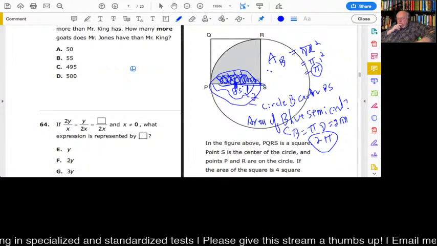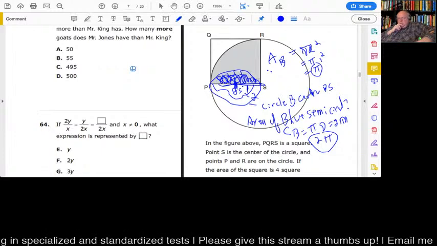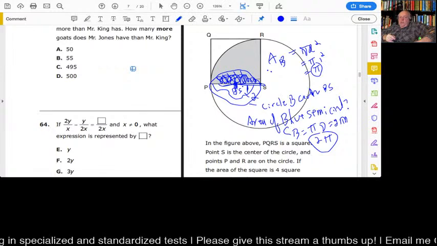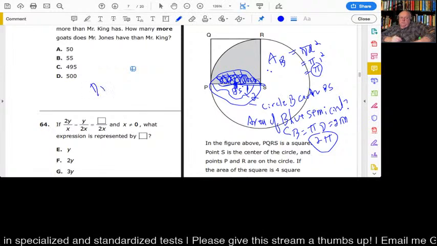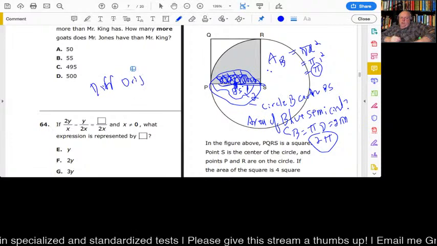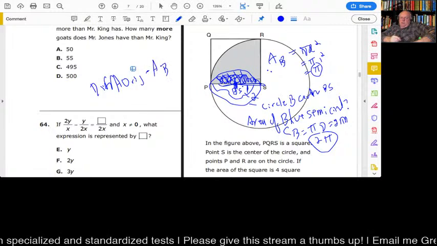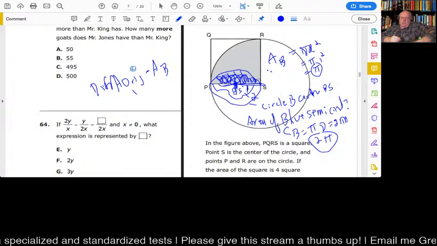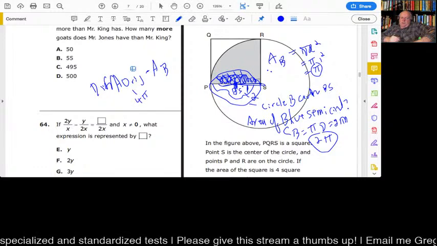Let's see, what other variations can we take on this? We could ask what is the difference of the original circle, the area of the original minus the area of B. Well, we originally computed the area of the original was 4 pi, and the area of B is now 2 pi.